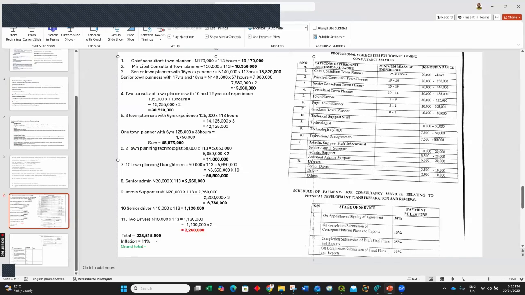Okay, so I have it here. I will do the total amount divided by 100. I have 2.2 M. Let me write it in the bracket. That is 1%. Then times 11.